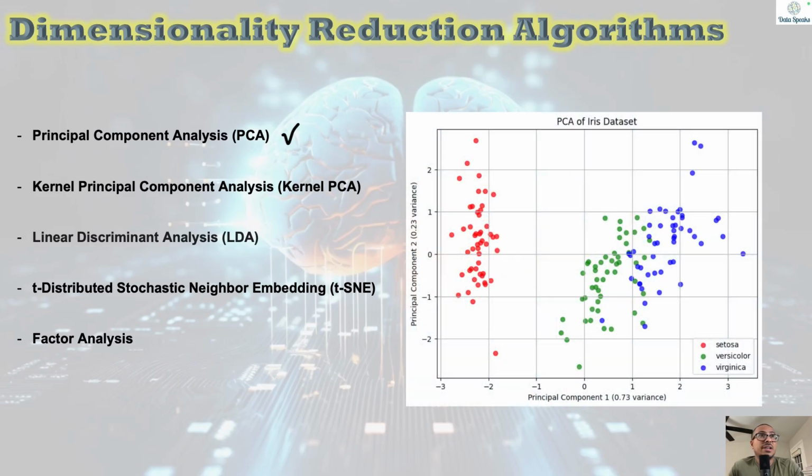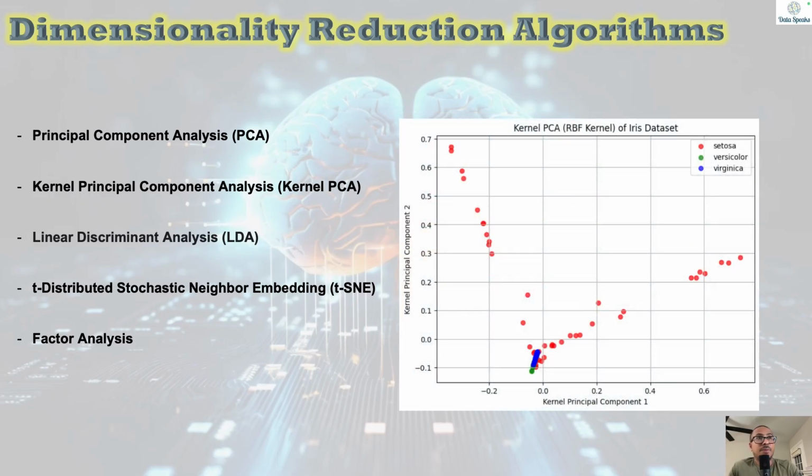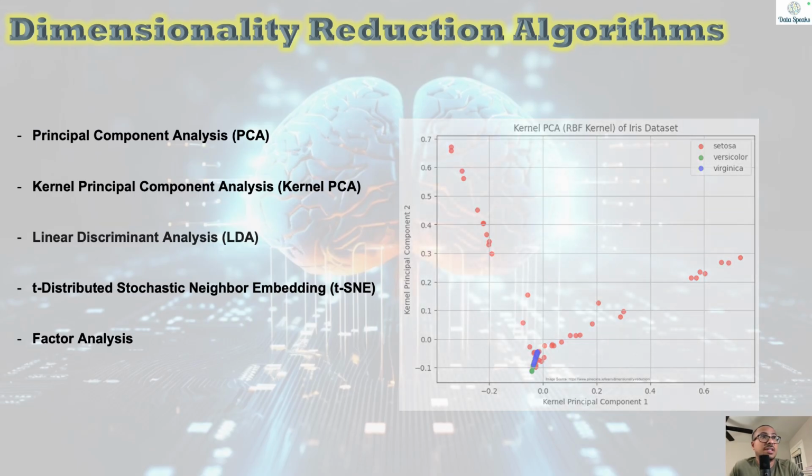Principal component analysis, of course, we have talked about, and kernel principal component analysis is another powerful type of principal component analysis. It helps us to map a very high number of dimensions down when you have complex dimensions, not the typical amount of columns or features, but when we have higher dimensional spread data.